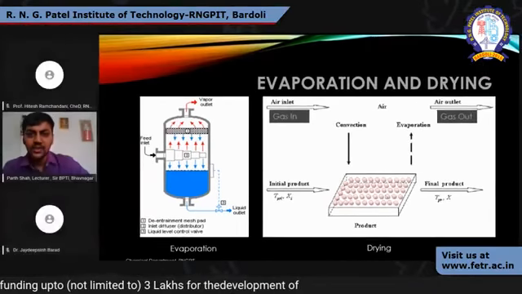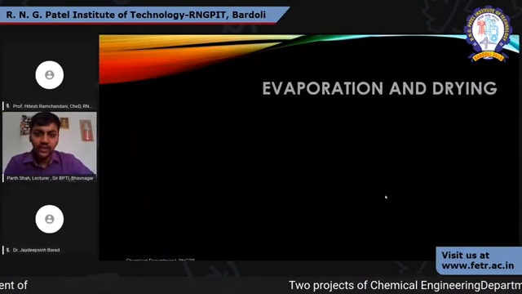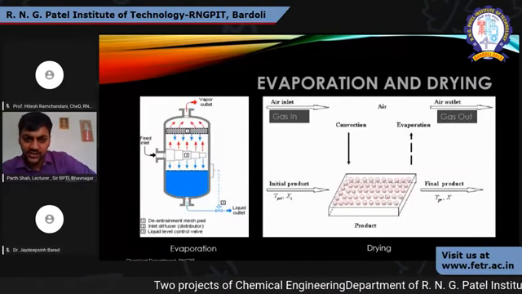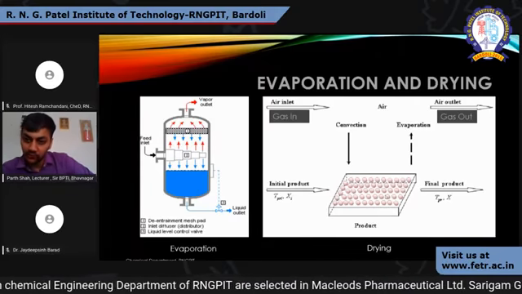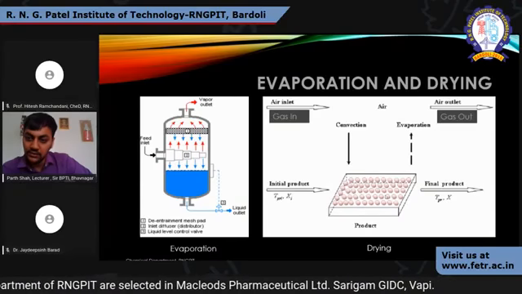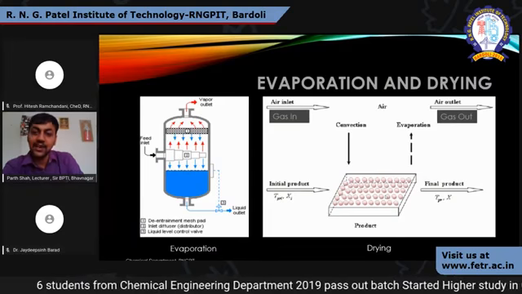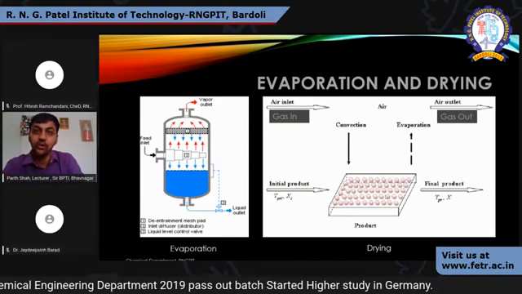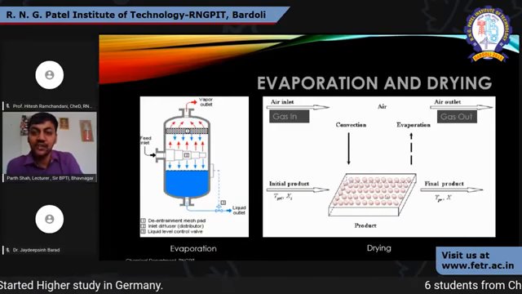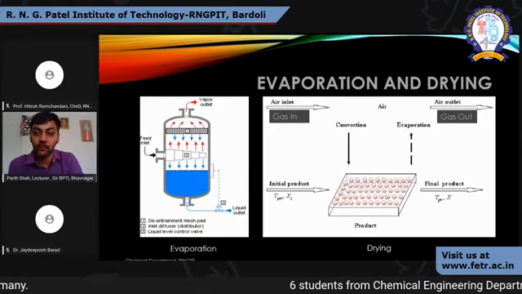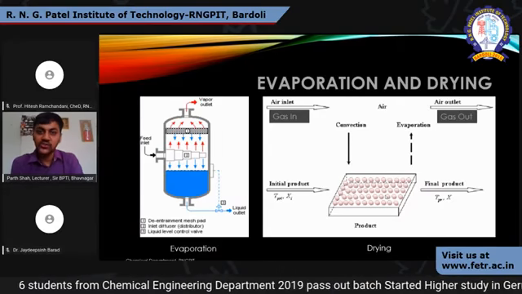Air comes inside the box, heat transfer takes place, the water evaporates and leaves with the air, and the remaining product has a lower amount of moisture. The initial product has high moisture content, and the final product has very low moisture, or is a completely dry solid. So this is drying.